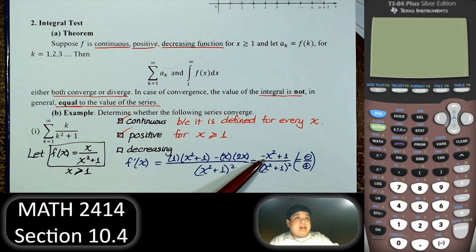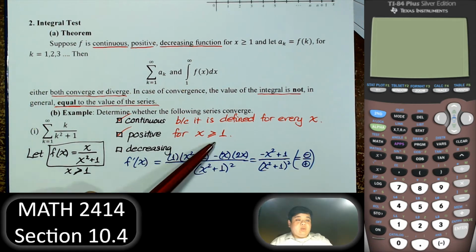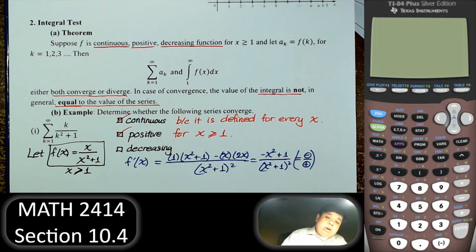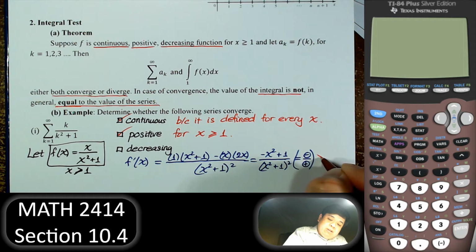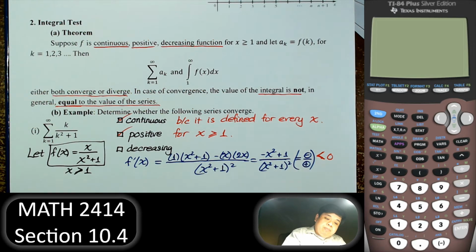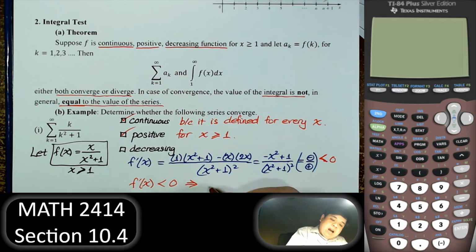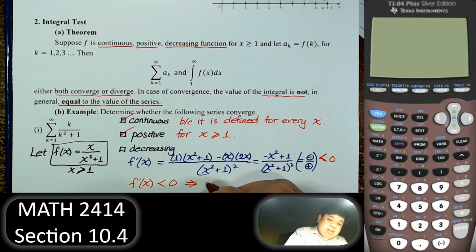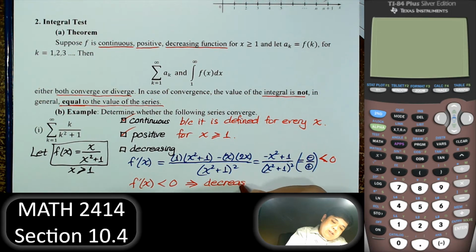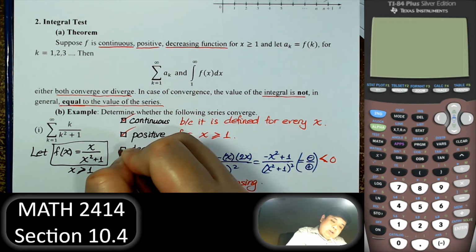So negative over positive is negative. If the derivative is less than 0, of course, in calculus 1, the function is decreasing. So taking the derivative is a way to do that.